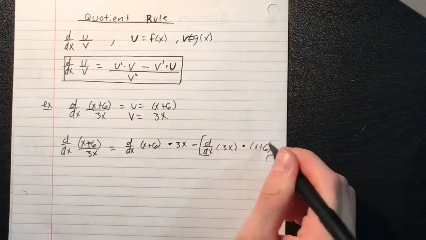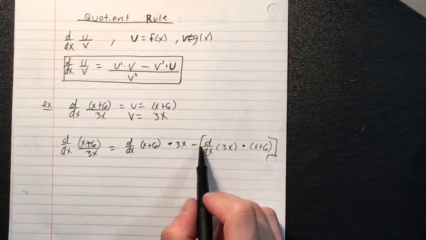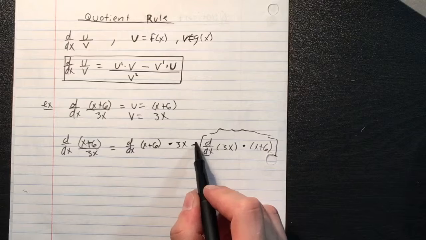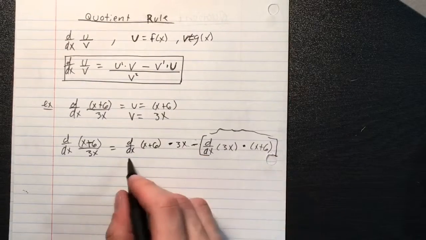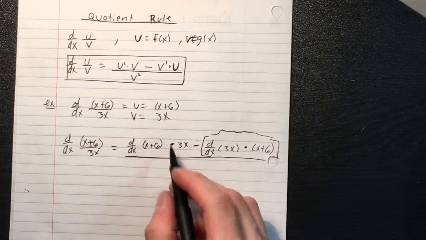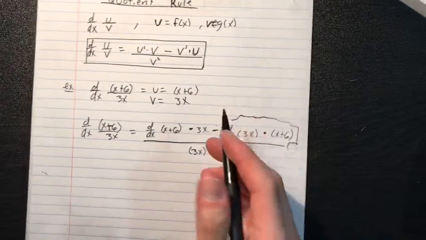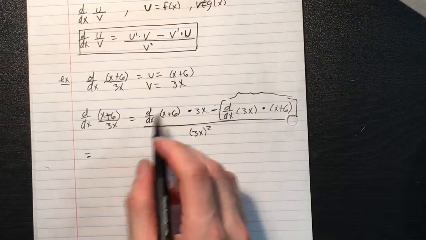And I'll put a bracket here around this just to show that all of this is subject to the distribution of this negative throughout it. And all of this, of course, is going to be over v squared, which is 3x squared.